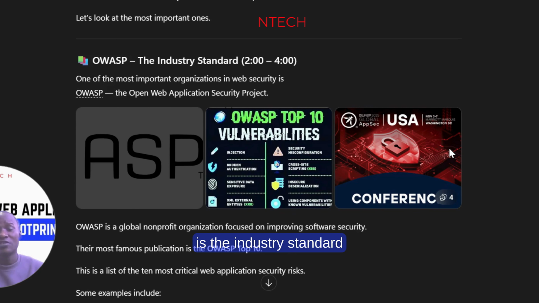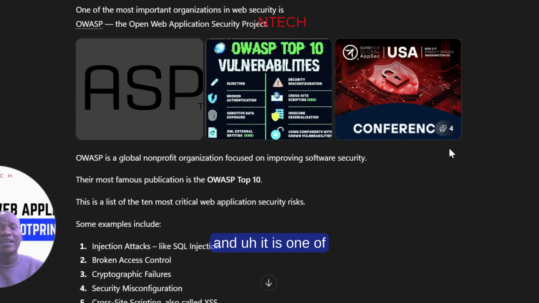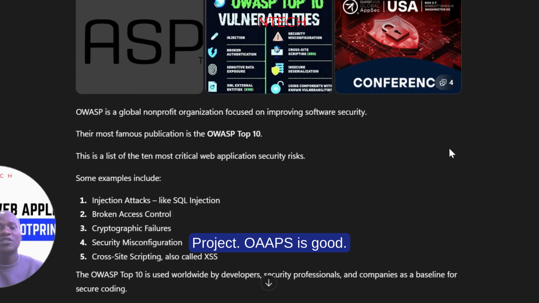OWASP is the industry standard, and it is one of the most important organizations in web security. The full meaning of OWASP is the Open Web Application Security Project. It's a global non-profit organization focused on improving software security. Their most famous publication is the OWASP Top 10, the list of the 10 most critical web application security risks.